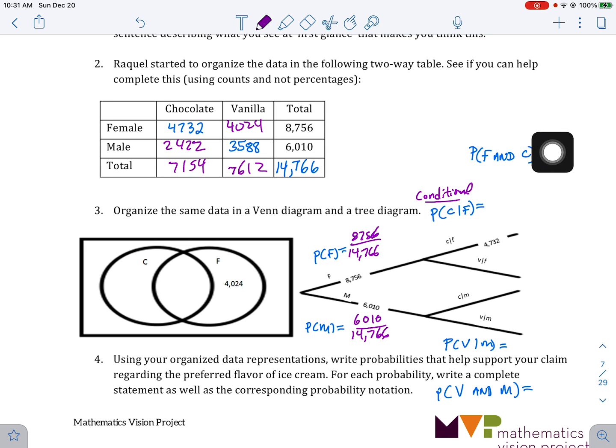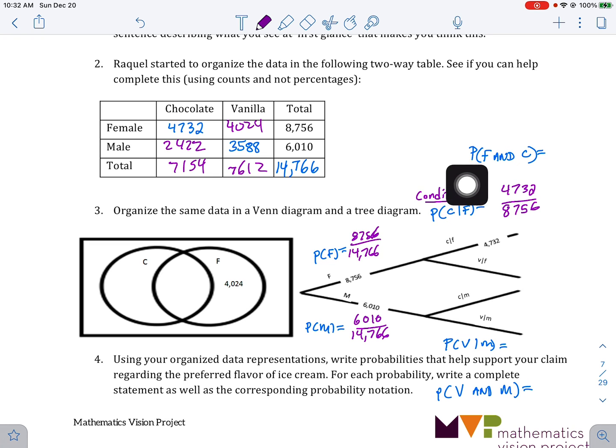So you're only looking at that female of 8756. And out of the 8756, the chocolate was 4732. So that is the conditional probability of chocolate, given that you're only looking at female.